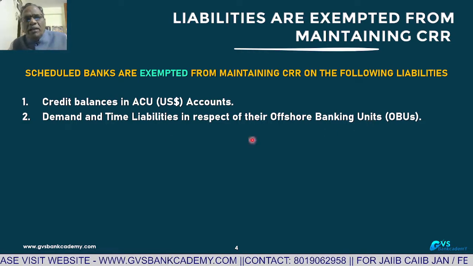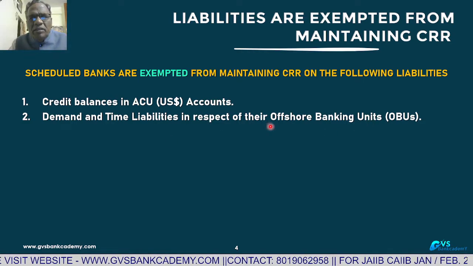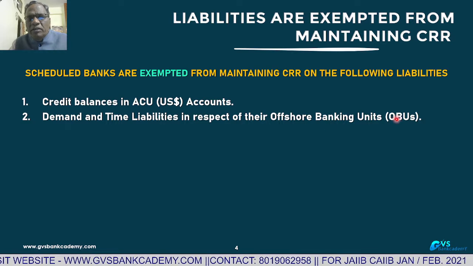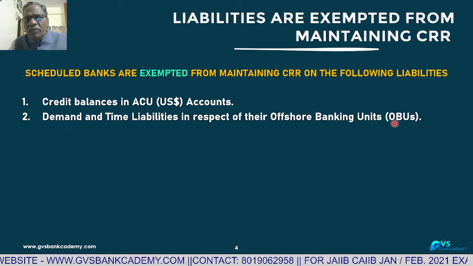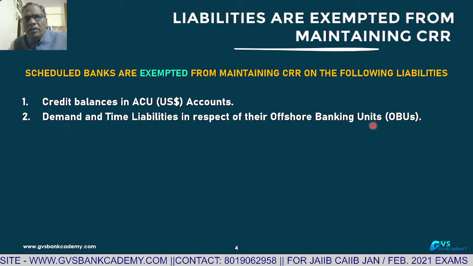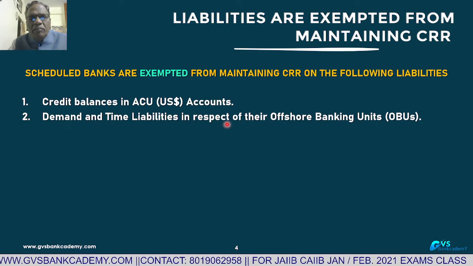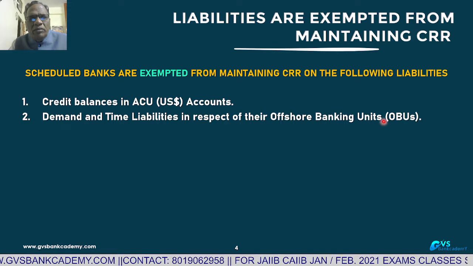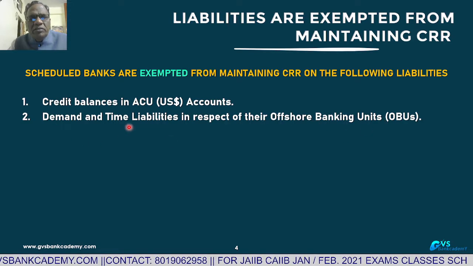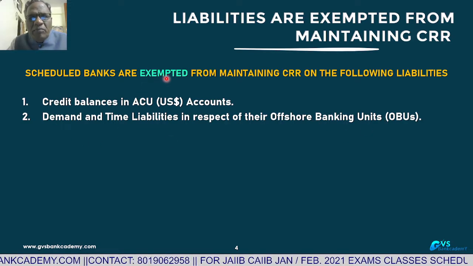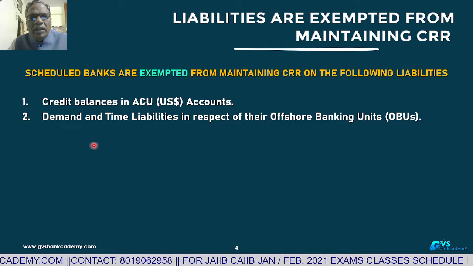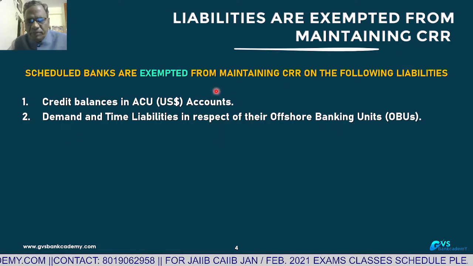Any Indian bank having branches in offshore banking units, meaning Malaysia, Singapore, Philippines, where offshore banking units are there. Any Indian bank having branches in offshore banking units, their demand and time liabilities are exempted from CRR purpose.